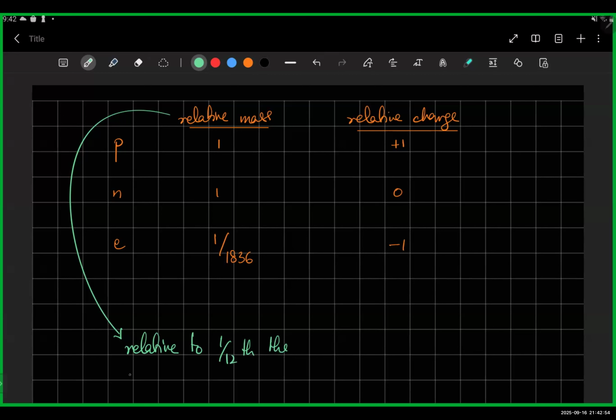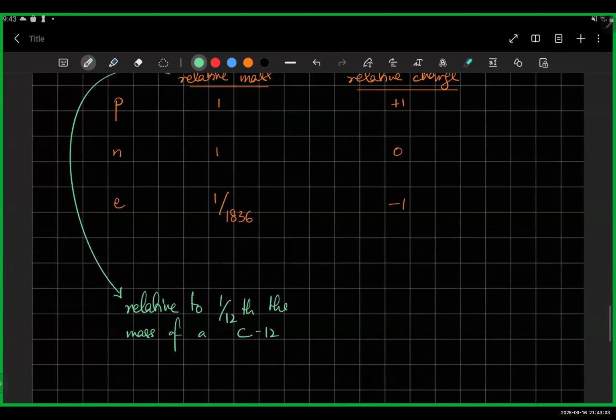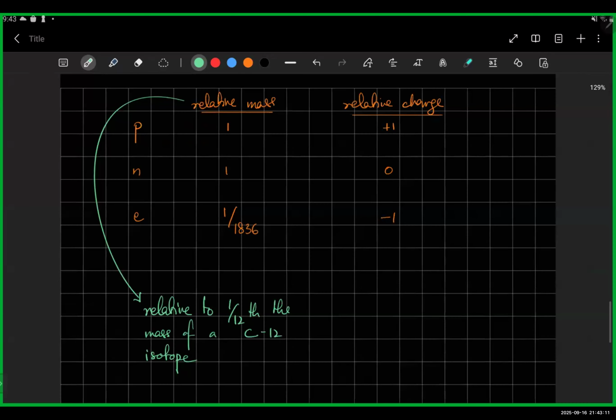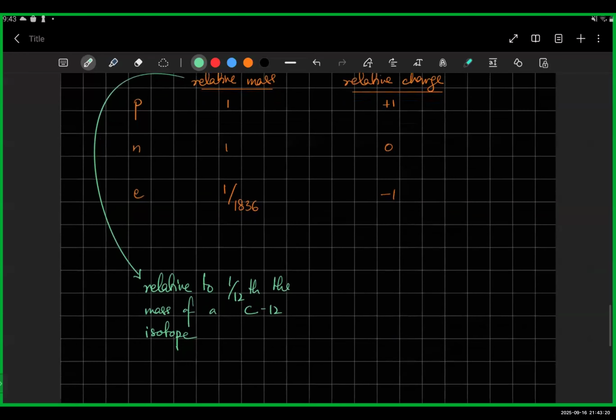So 1/12 the mass of a carbon 12 isotope. So when something has a mass of 12, that means it's exactly the same mass as carbon 12. When something has a mass of 1, that means it's 12 times lesser.